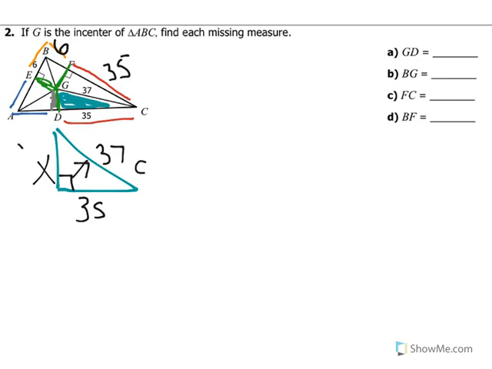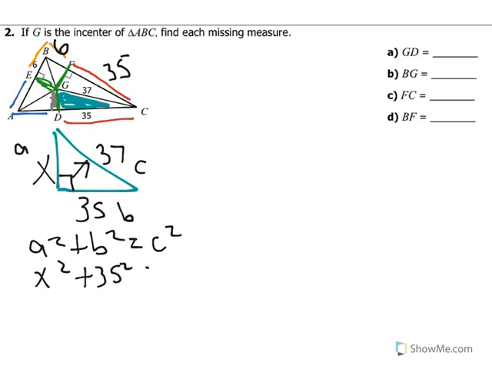So this is C, A, and B. A squared plus B squared equals C squared. Plug everything in. So we've got x squared plus 35 squared is going to equal 37 squared.